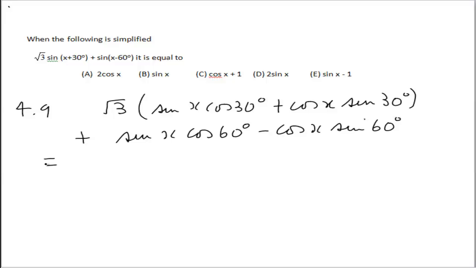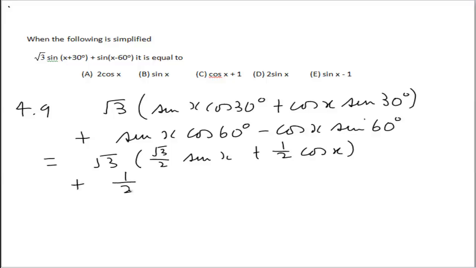Simplification of each one, we'll just keep the root 3 outside, and that is root 3 over 2 sine x, and that is a half cos x. And for the other part, plus that will be half sine x minus root 3 over 2 cos x.